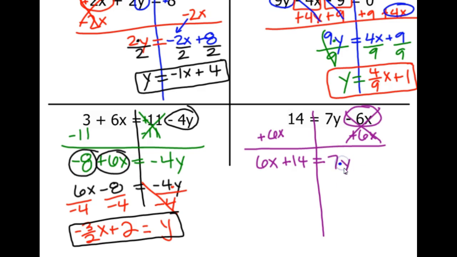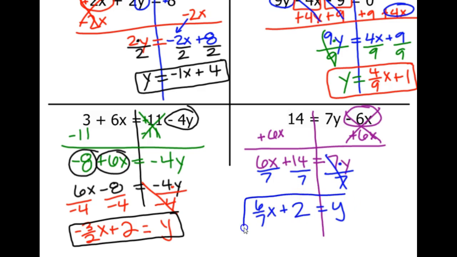And then last, the opposite of multiplying by 7 is dividing by 7. Divide every piece by 7. 6 over 7, it's not going to be a nice number, so just leave it as 6 over 7x plus 14 divided by 7, which is 2.